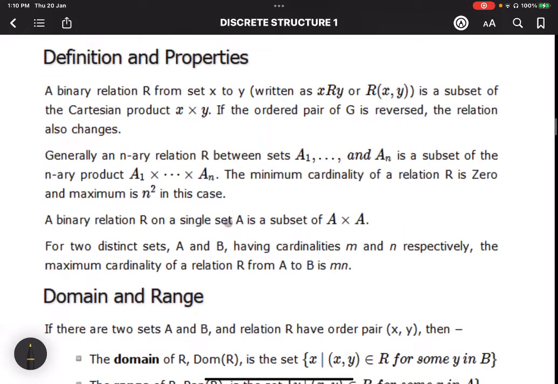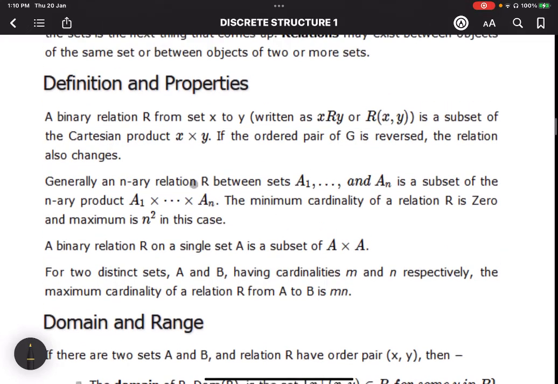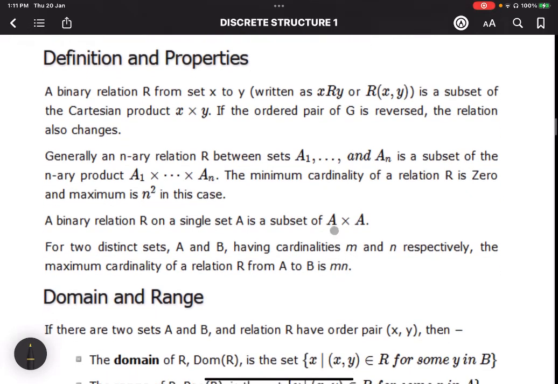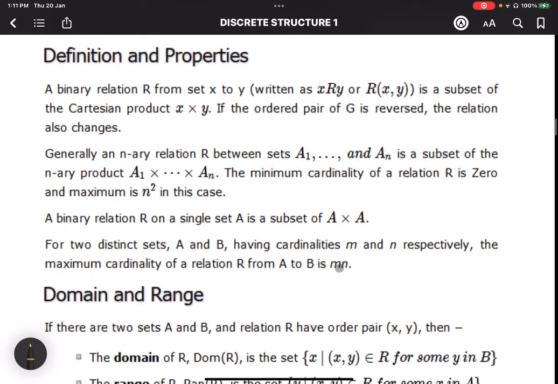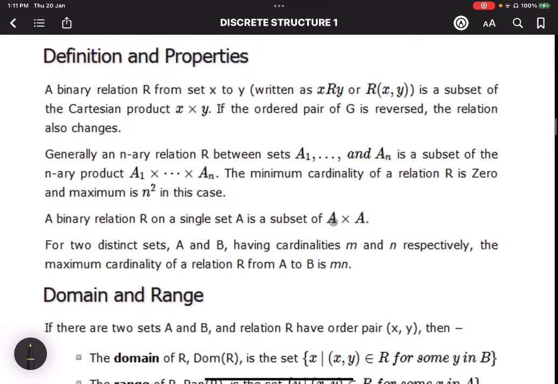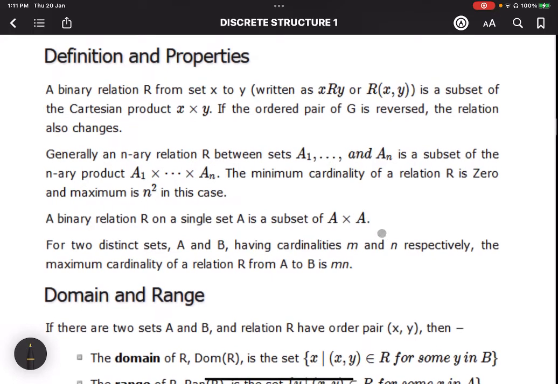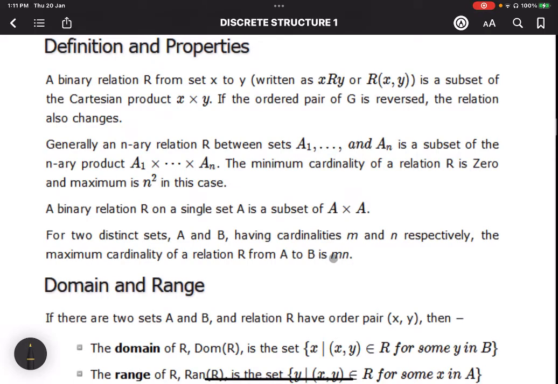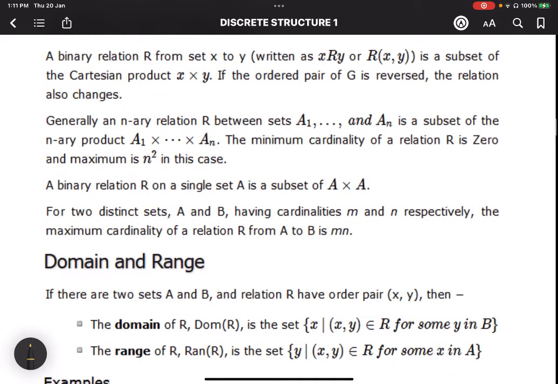Remember our cardinality of the Cartesian product: we distribute each member of A to every member of A. That's why the maximum cardinality is n squared, which is the same as m times n. If m is the cardinality of the first A and n is the cardinality of the second A, the total cardinality is n times n.